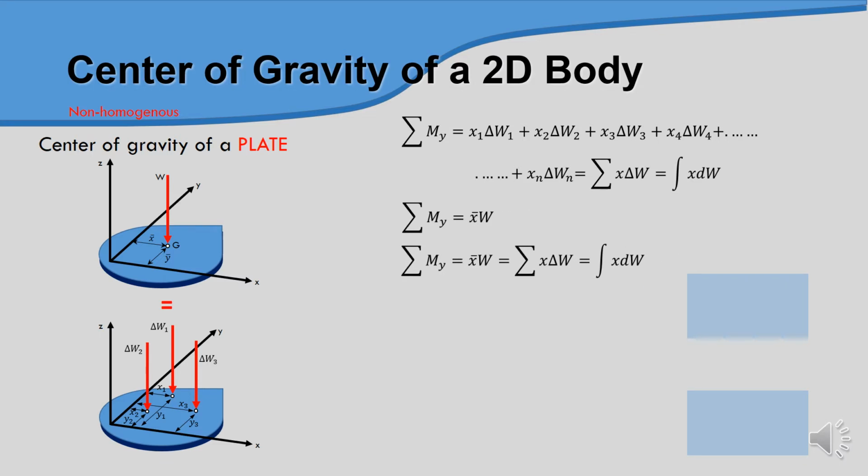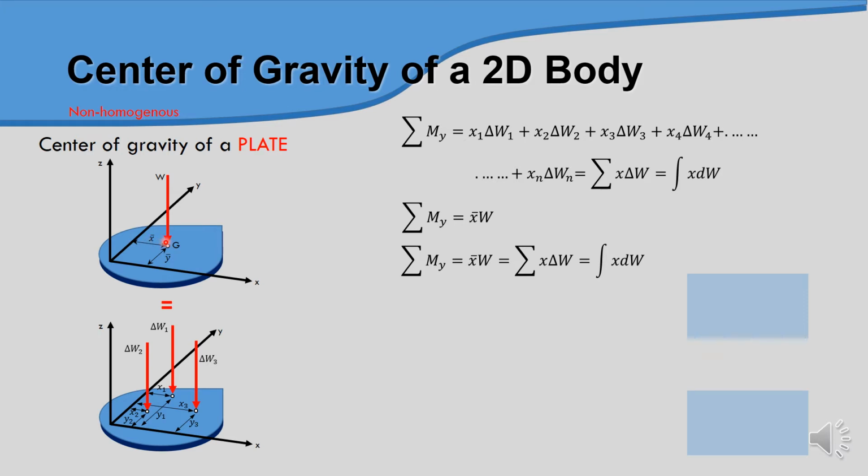So it also happened to the value of concentrated force, whereby this value can be represented as one value of w. If we look at the moment at the y axis here, we have the weight force, and the distance is x bar.